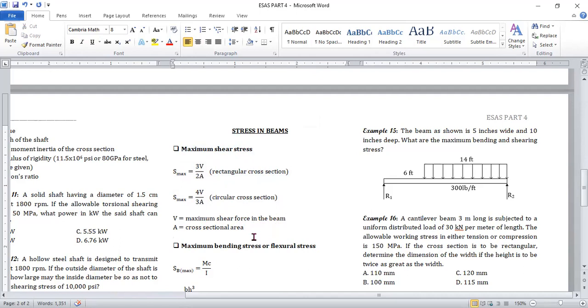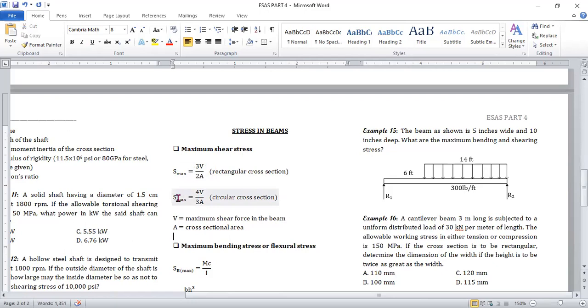So by the way, so there may be some variables, no, that is different from the variables presented in books. Okay, so just refer to the variable name as to which the variable is presented in the formulas. For example, V here, so this stands for maximum shear force. Okay, and then S max, so this is the maximum shear stress.